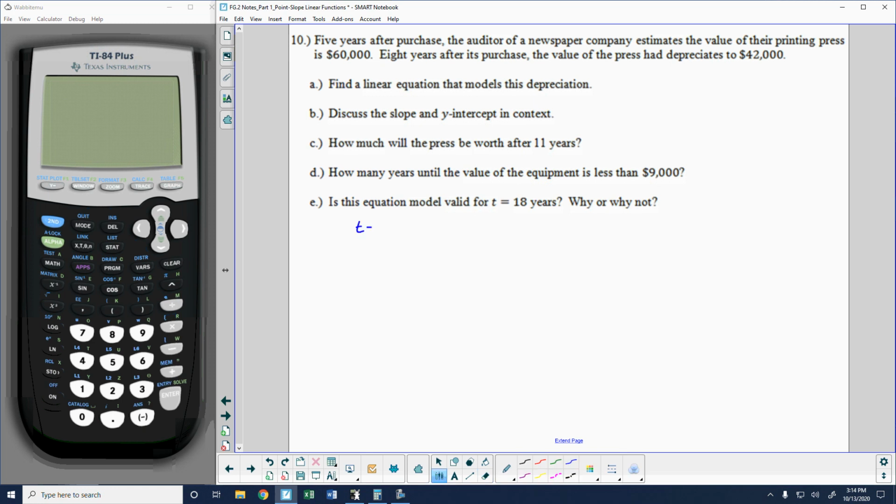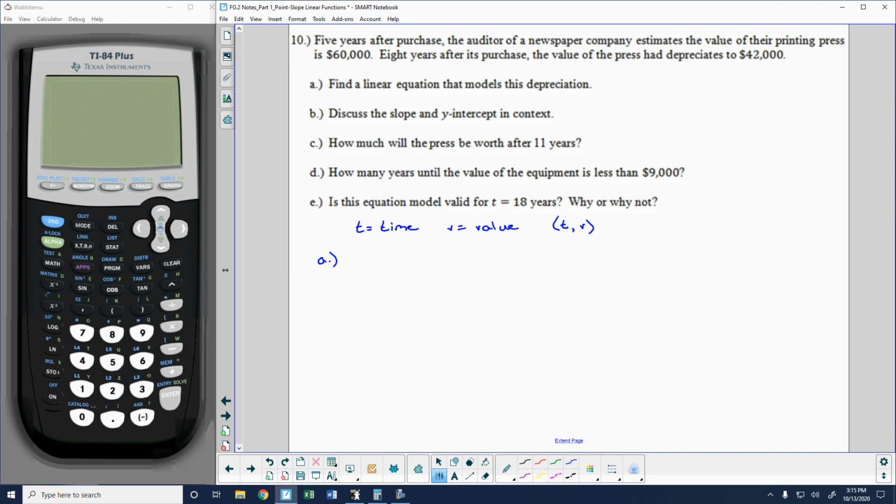So let's let t equal time. And then let's let v equal value. This is going to give us any points that have time as an x and v as a y.